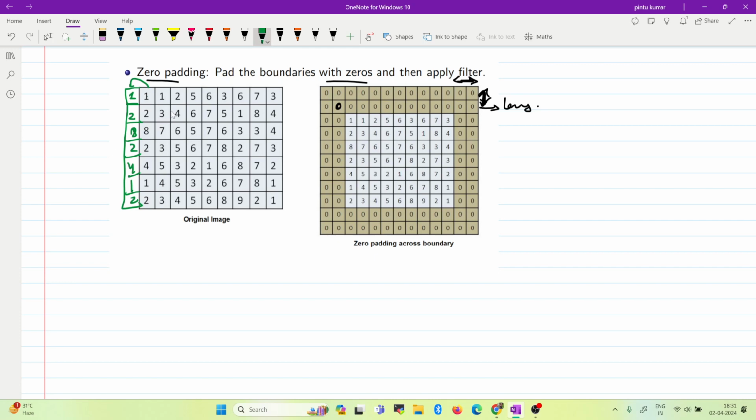Why is this logical? Whenever you click a picture, generally the important information is in the middle of your picture. If you are clicking somebody's picture, the person would be in the middle, and generally the boundary is the background or the scenic things. Let's say the top row represents your sky.